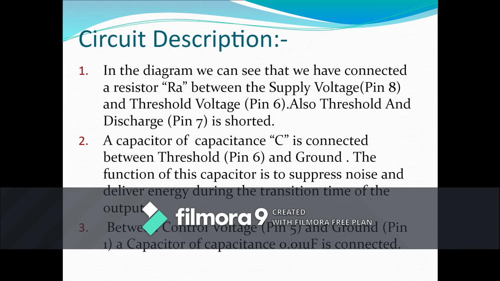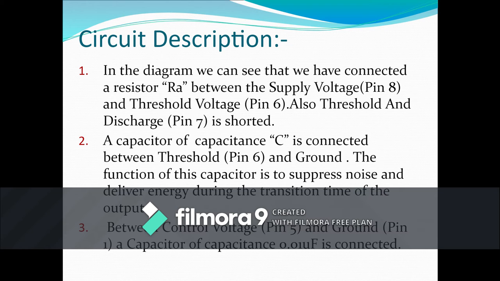This is the circuit description of the previous circuit diagram. In the diagram we can see that we have connected a resistor RA between the supply voltage, pin 8 as we saw in the IC pin configuration, and the threshold voltage in pin 6. Also, the threshold and discharge pins are shorted.